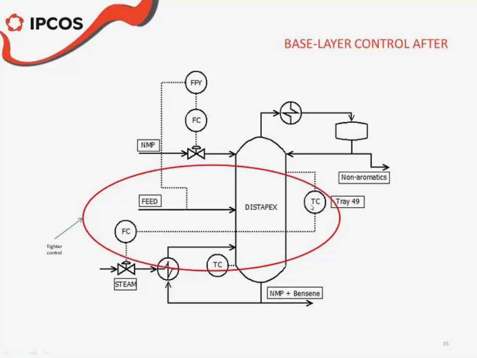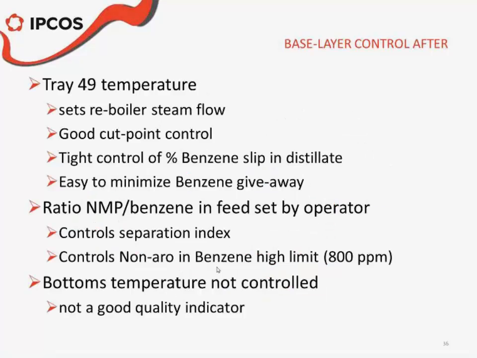That also needed us to pretty much break this original controller, this bottom temperature controller. And we noticed as well that the bottom temperature is not a good quality indicator. I mean, it's not showing anything useful, whereas the top temperature is much more useful in the operation.